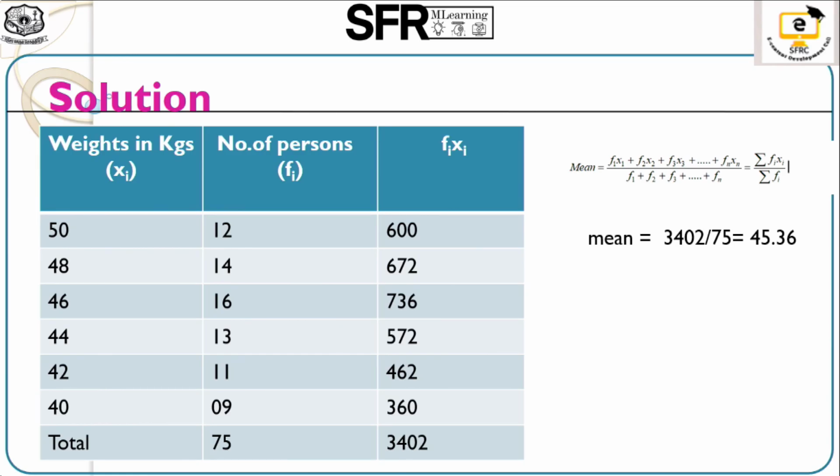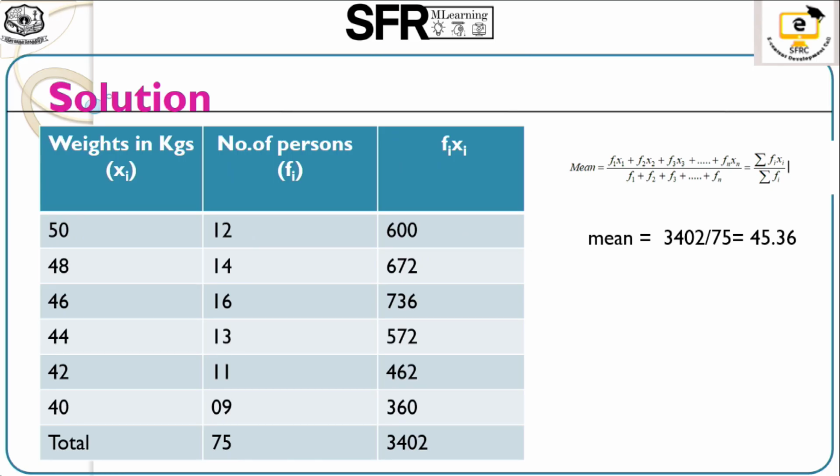Now, the formula is summation of fi into xi, so multiply the value of xi and fi. Multiplying each value: 50 into 12 is 600, similarly 48 into 14, 46 into 16, 44 into 13 we get 572, 42 into 11 is 462, 40 into 9 is 360. Here the total number of persons is 75. The summation of fi xi value is 3402.